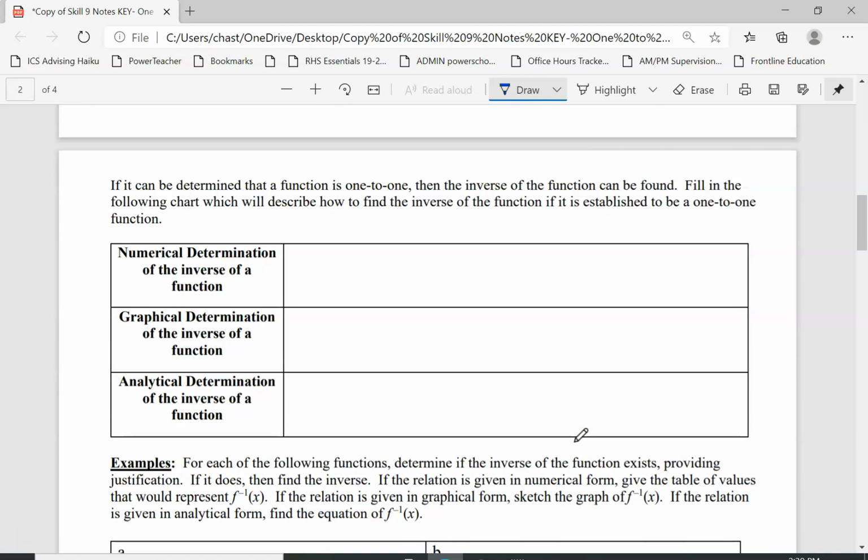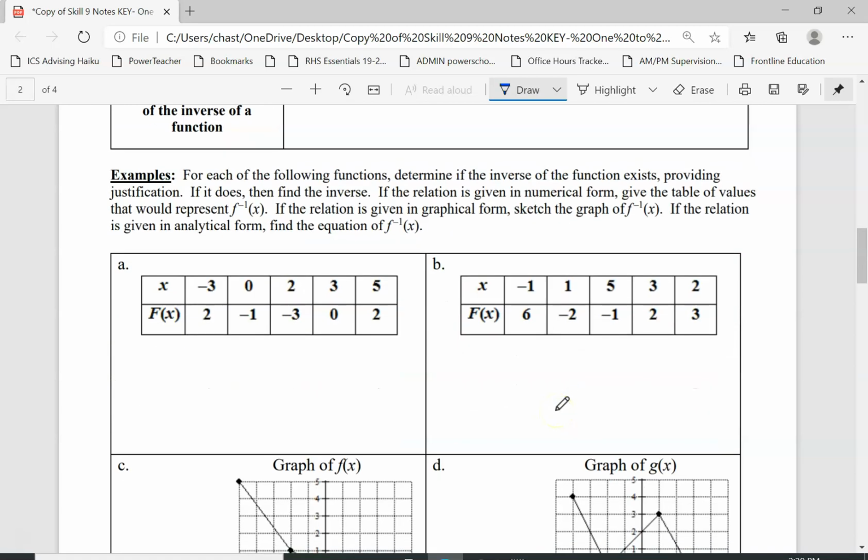Now we are going to look at some examples to determine if the inverse can exist. If the inverse does exist, we're going to give the relation in numerical form. If it's graphical, we'll sketch a graph, and if it's analytical, we'll give the equation. Looking at my x and my f of x, what I want to do first is find the inverse.